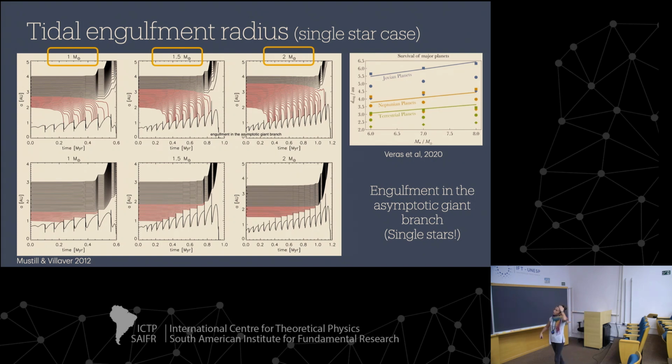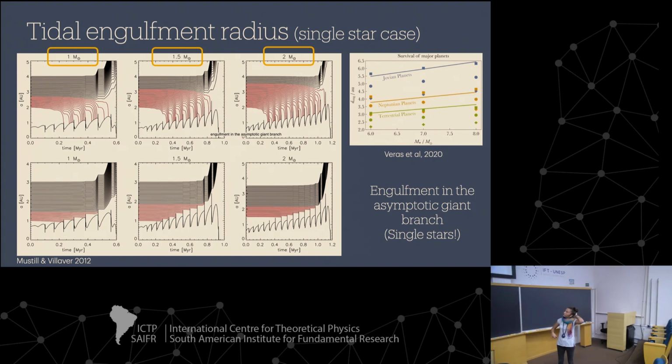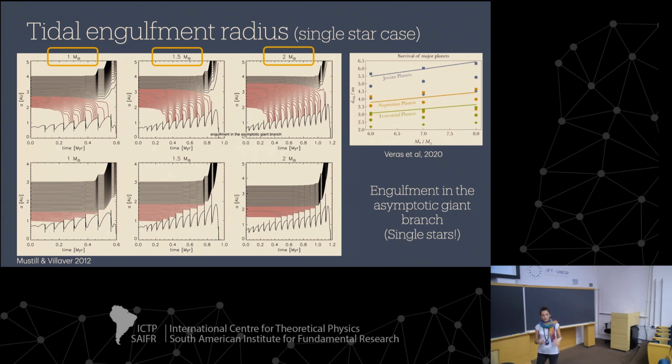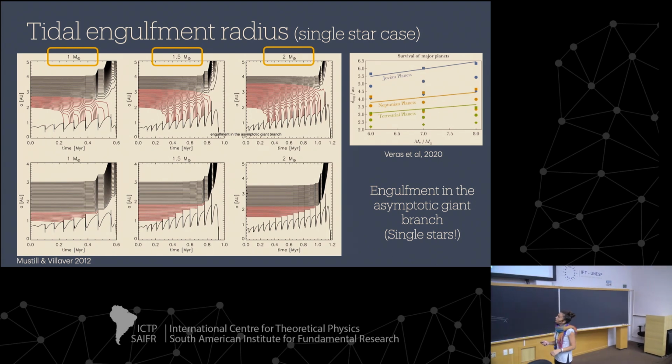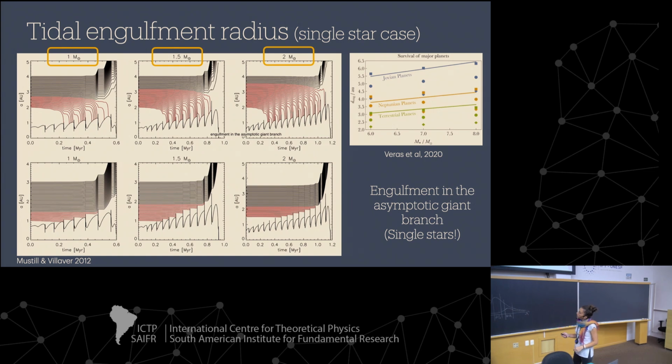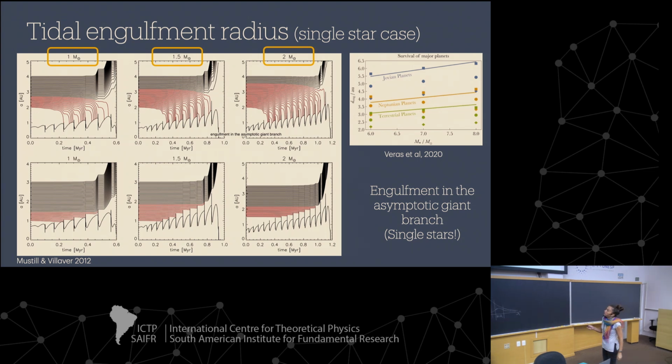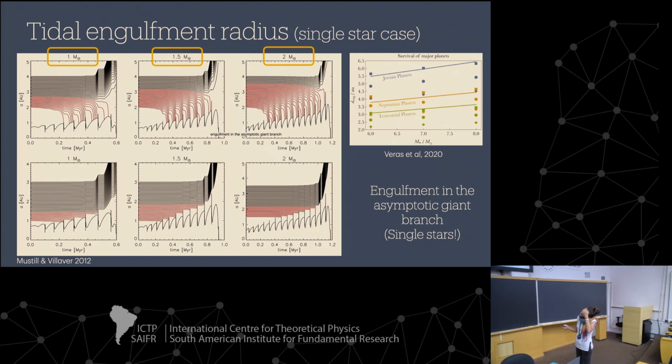You have the so-called tidal engulfment radius, which is a function of the stellar mass. Here the 3 columns are a function of the solar mass: one solar mass, 1.5 and 2.